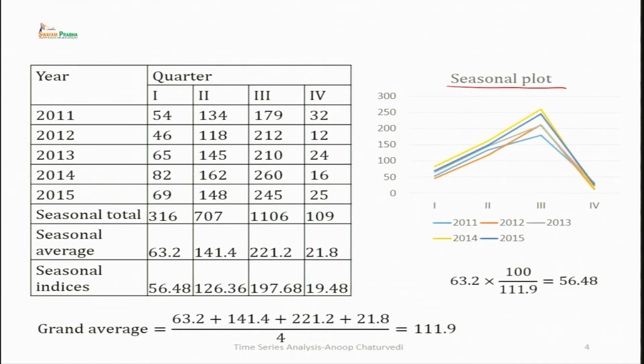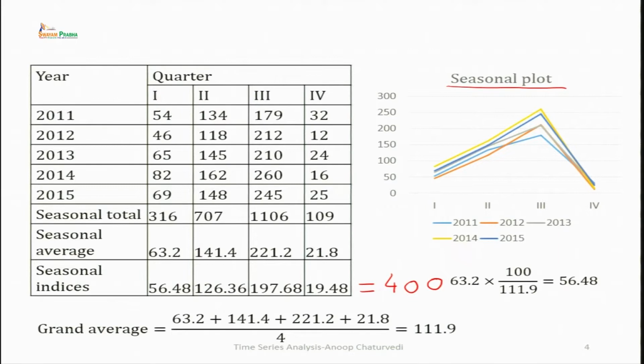For example, for quarter 1, we take the seasonal average 63.2, multiply it by 100 and divide it by the grand average, and you get the final figure 56.48. Similarly, you can calculate the seasonal indices for the second, third and fourth quarter also. And if you add all these seasonal indices for the 4 quarters, then the summation is 400.